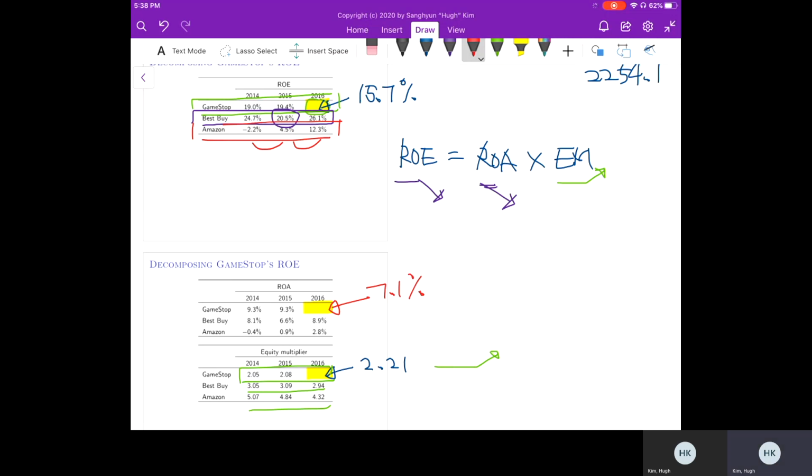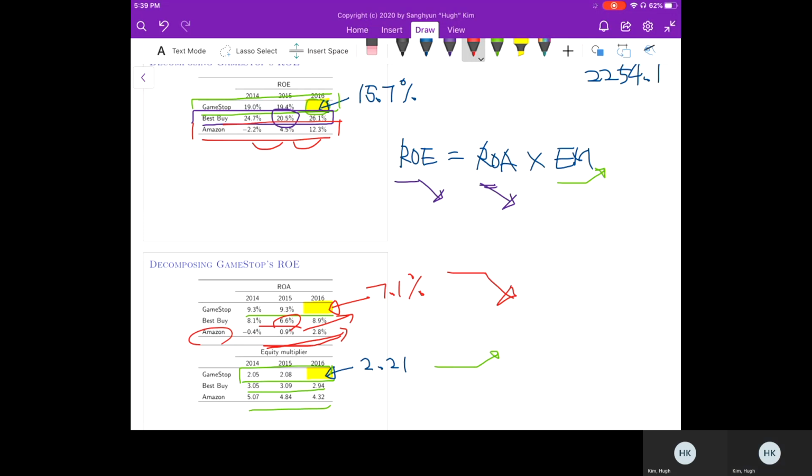Okay. As you can see here, ROA has decreased quite a bit. So again, compare this to Best Buy and Amazon. The Amazon numbers have increased quite a bit. And for Best Buy, although Best Buy had a bit of a bad year in 2015, after that things have improved quite a bit.